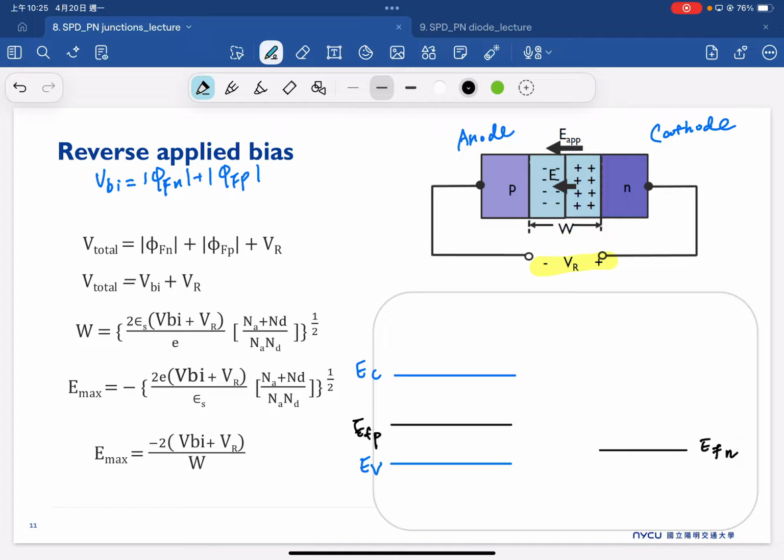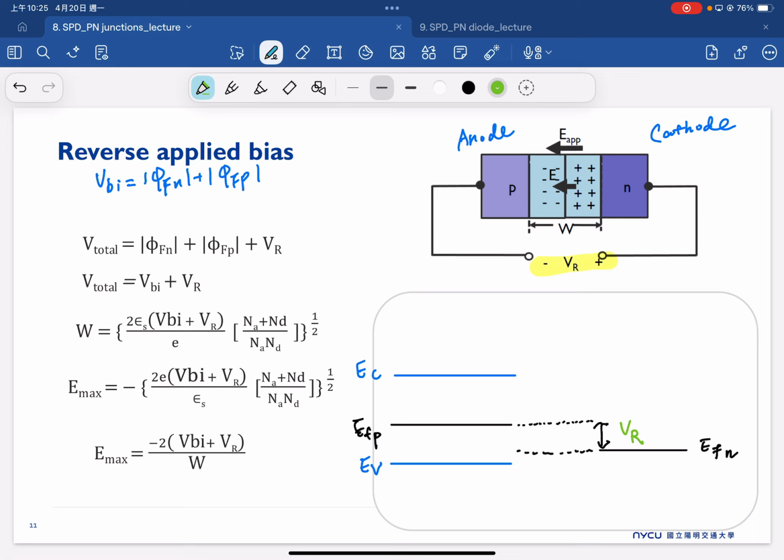EFN and EFP, and the difference between the EFP and EFN here. This is exactly our additional reverse bias.